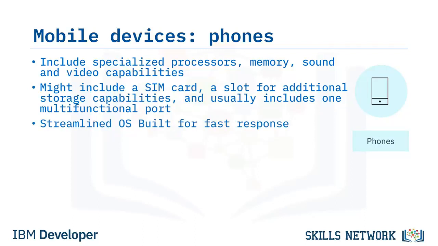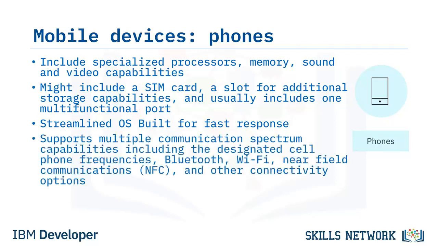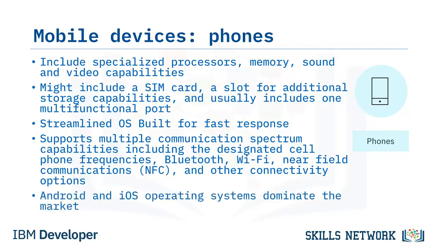Mobile phone operating systems built for speed are specifically designed to support multiple communication spectrum capabilities, including the designated cell phone frequencies, Bluetooth, Wi-Fi, near-field communications, and other connectivity options. Android and iOS operating systems dominate the market, but with practically all components welded onto the board, you can only upgrade the software, not the hardware.